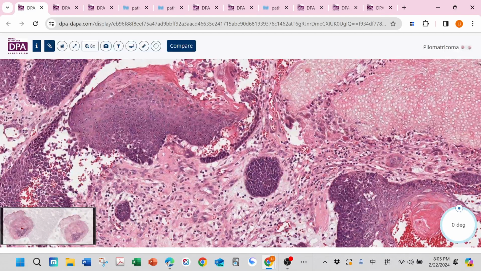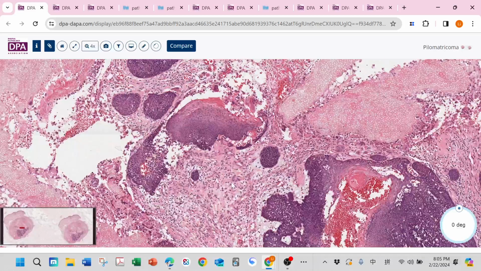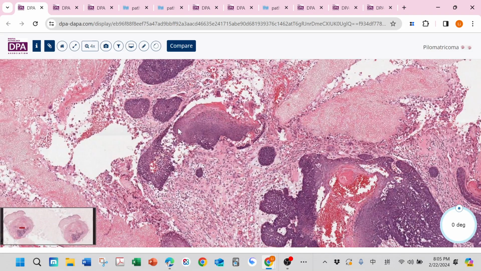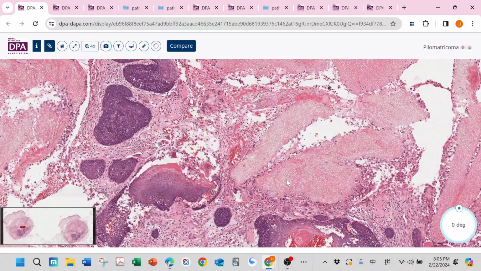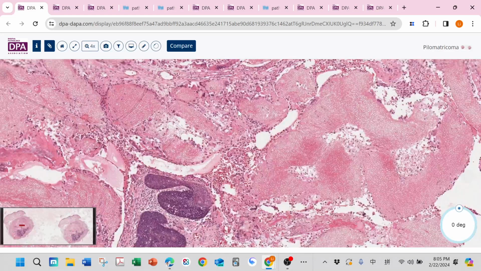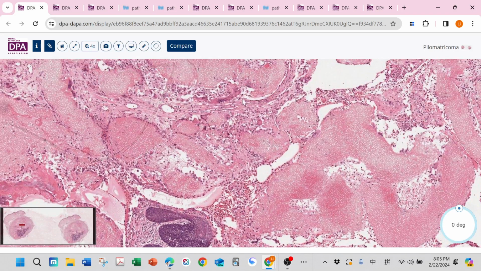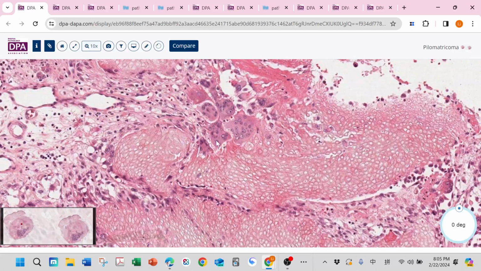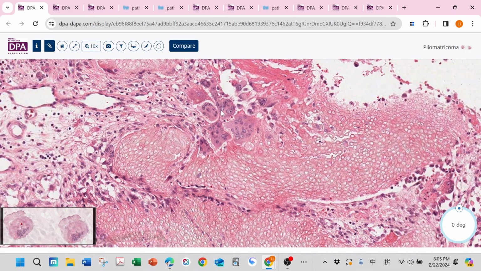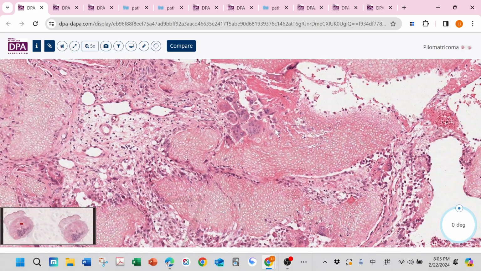Ghost cell, basaloid cell. I still cannot find a really classic multinucleated giant cell, but yes, multinucleated giant cell, it's our friend. So combine all of these features, this is another pilomatricoma.